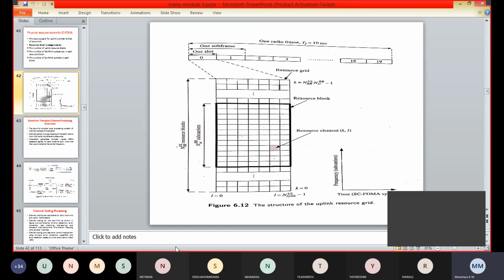So next we have resource allocation. The resource allocation in the uplink is performed at the eNodeB. Similar to the downlink, shared channel transmission and channel-dependent scheduling are supported in the uplink.